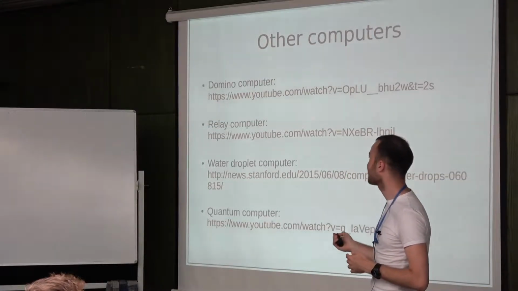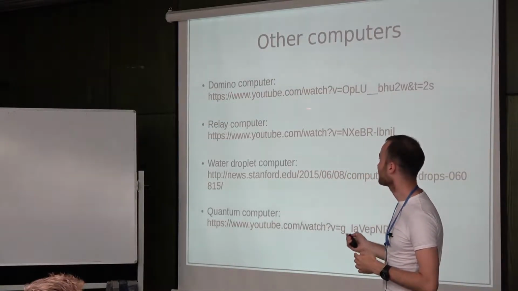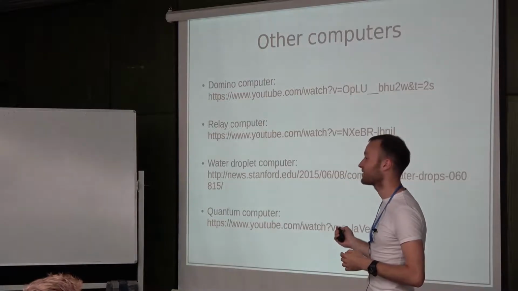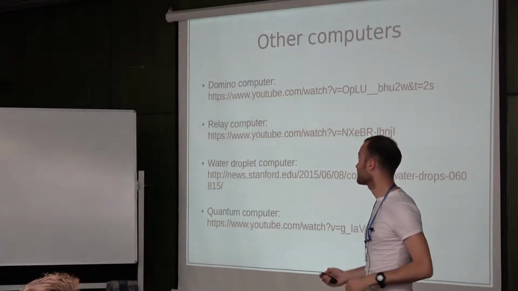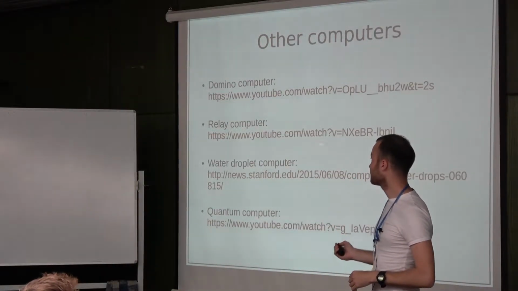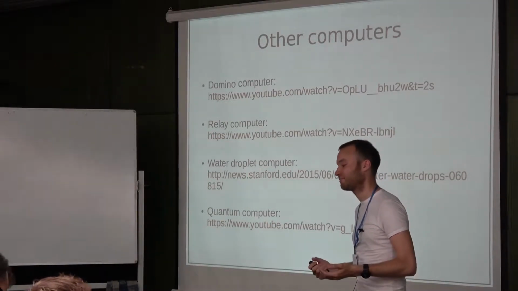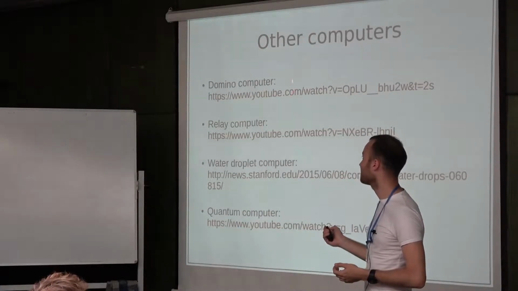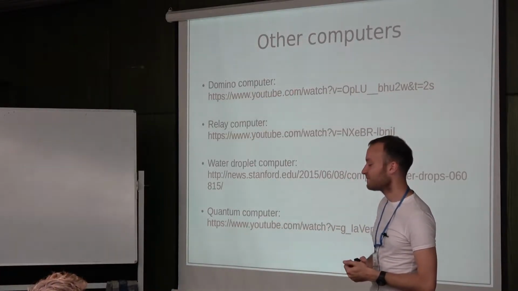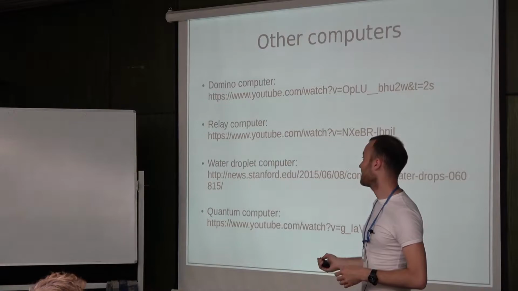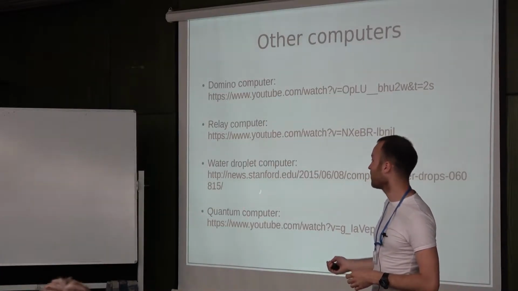I suggest you have a look here. This is not a practical computer. I think they implemented 4-bit adder. This is something that we will do in the second lab. Relay computer is the next stage. It's much more efficient than domino, but it's not really fast. And the last 2 points, this is ongoing research.